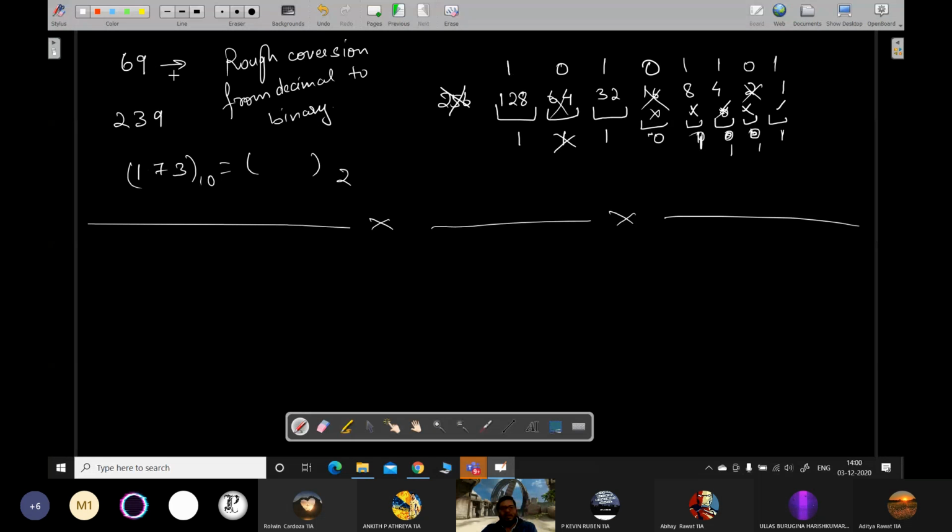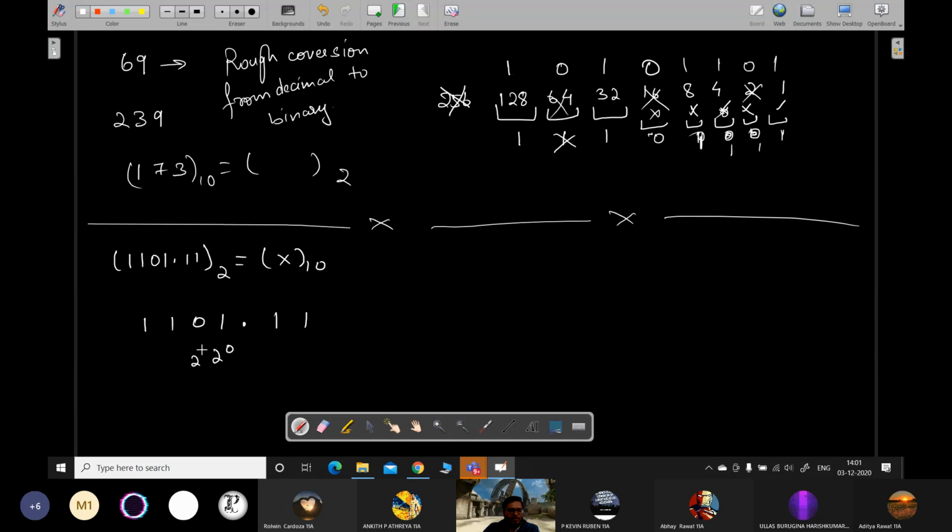Now, sometimes in the binary number system, how are the floating point numbers represented? Let me show you. Let's say you have a binary number and you have to find it in decimal. Here you don't have to do anything, you will just write 1101.11.